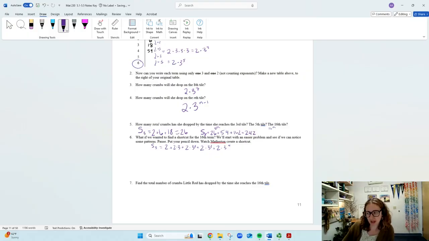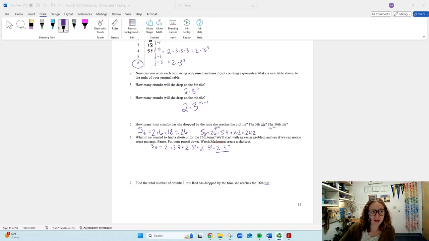The reason why I am doing this is I want my term number, so this is my first term, my second term, to match up and be exactly the number of 3's that I have. So this is my 5th term, and I want it to be 3 to the 5th power there.